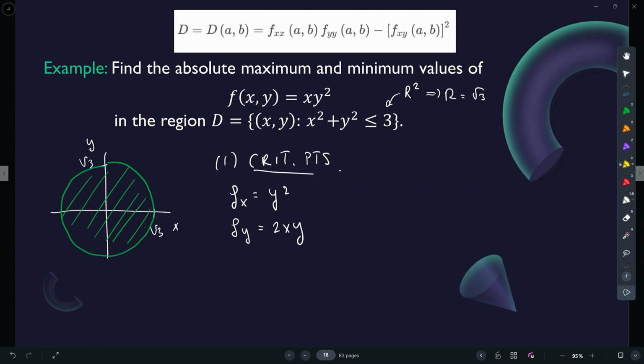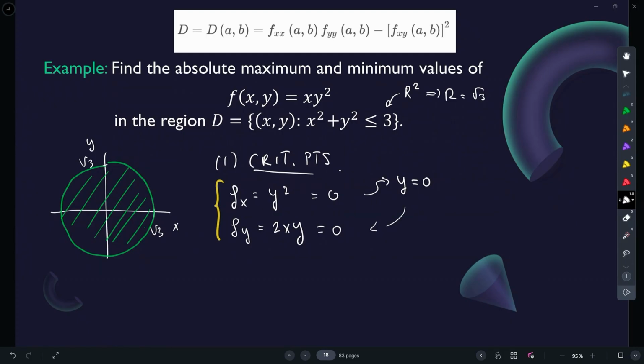And if these two vanish at the same time, what do I get? Well, this one tells me that y has to be 0, okay? And then that makes that vanish anyway. If y is 0, 2xy is 0 anyway.